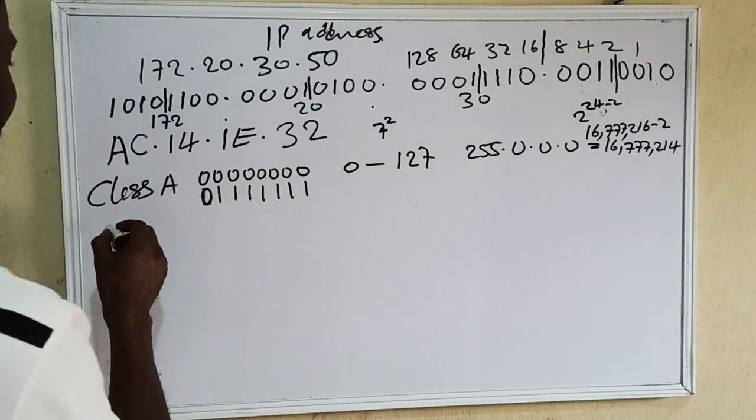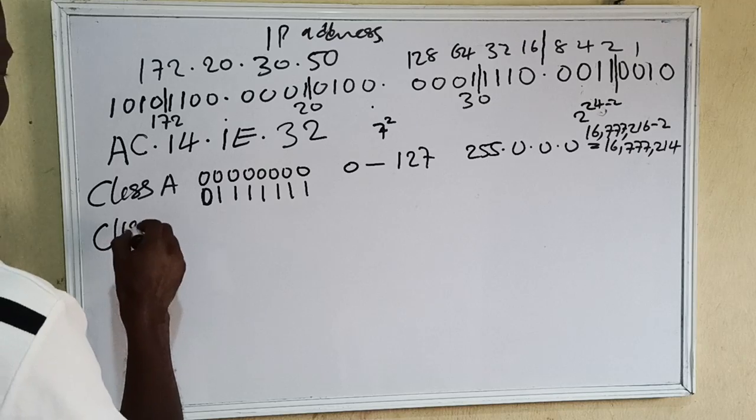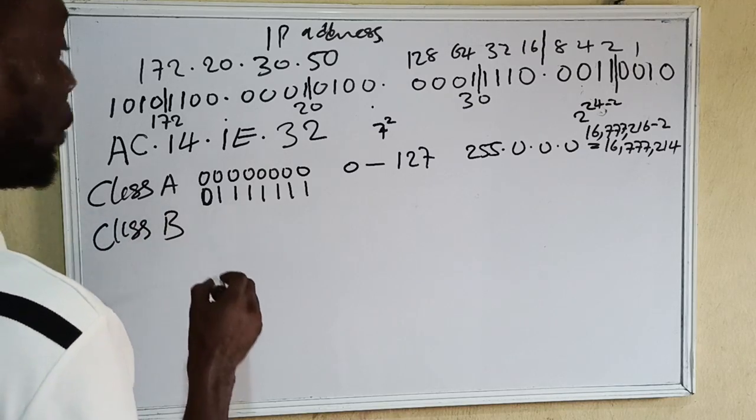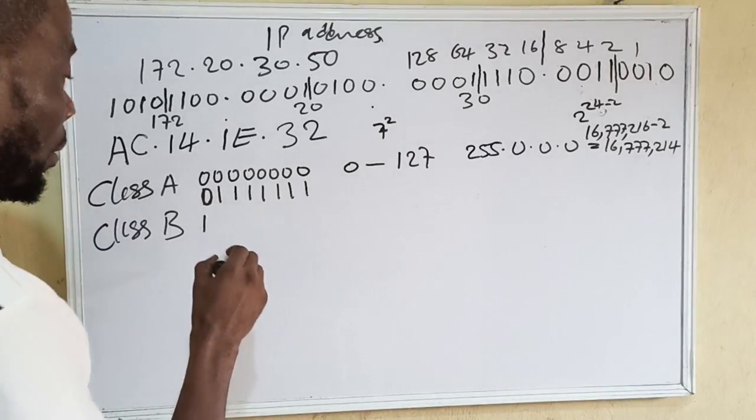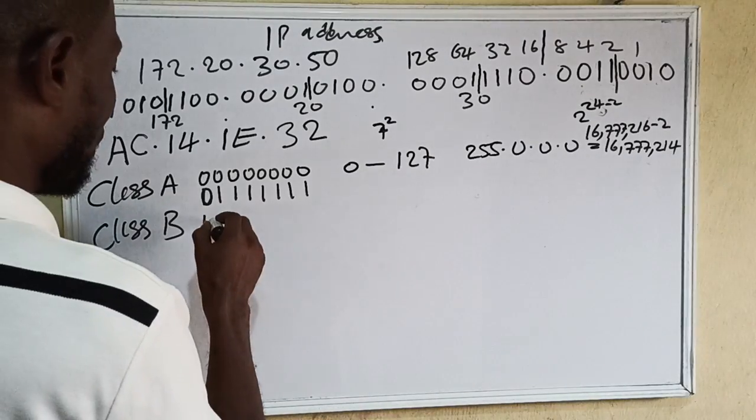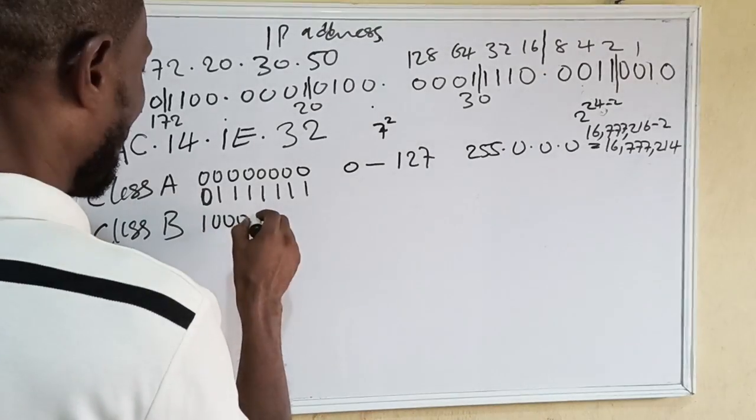Okay, now I come to class B. So the internet designer says that the first bit needs to be on and the others are off.